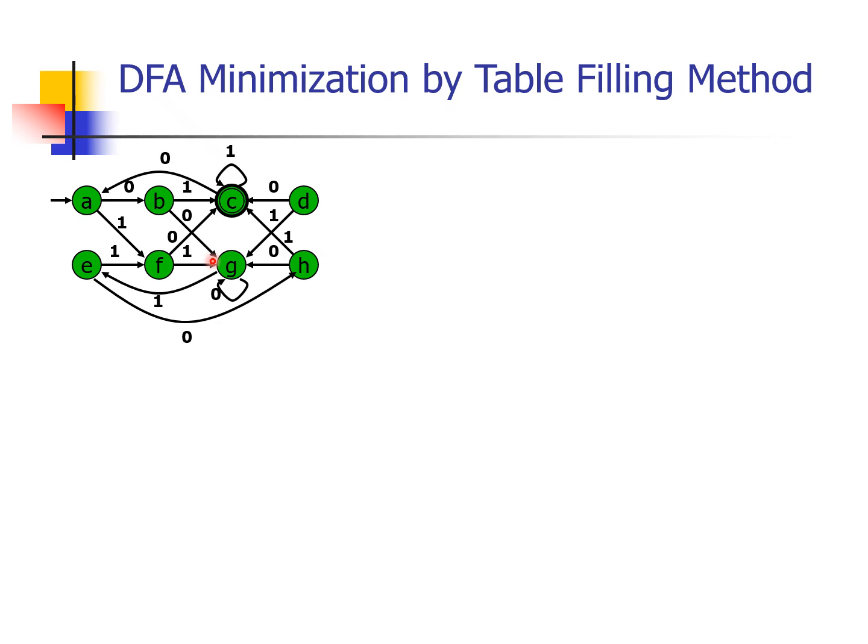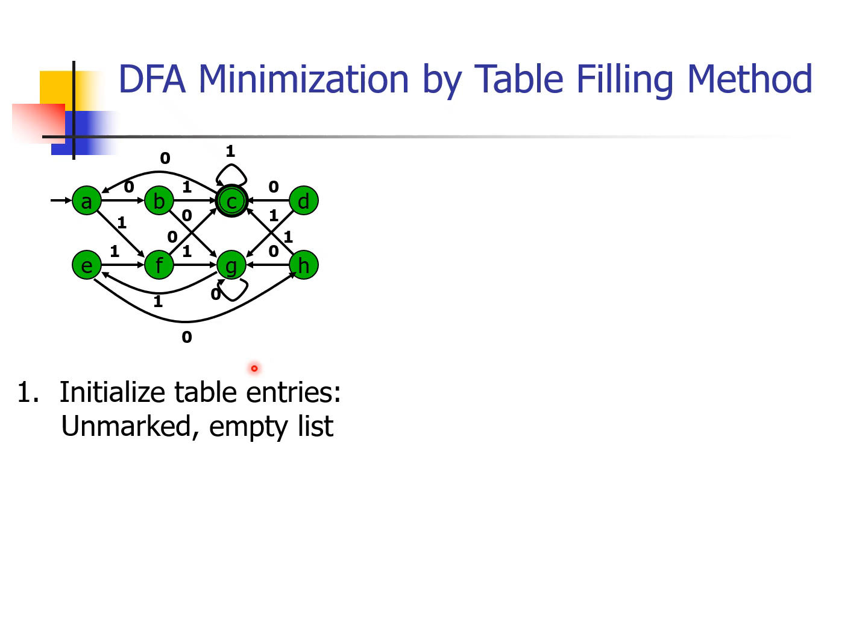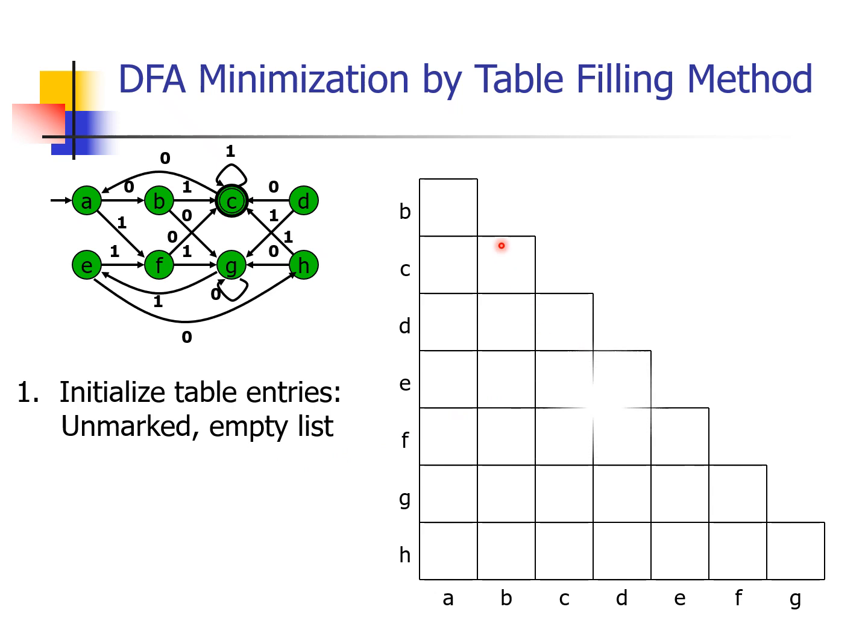First, as the name indicates, for the table filling method you have to get the table ready. That means you have to initialize the table entries as unmarked, empty. The table looks like this.